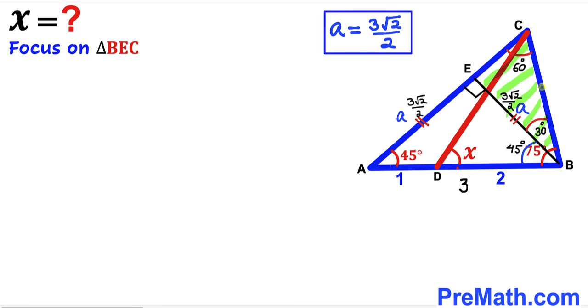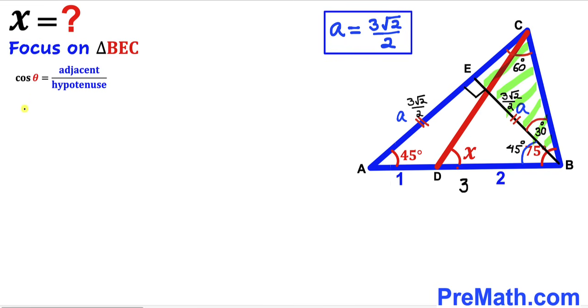And now let's focus on this right triangle BEC. And let's recall the famous trigonometric ratio: cosine of theta is always equal to adjacent divided by the hypotenuse. And in our case, for this angle 30 degrees, this side BE is our adjacent, and this BC is our hypotenuse.